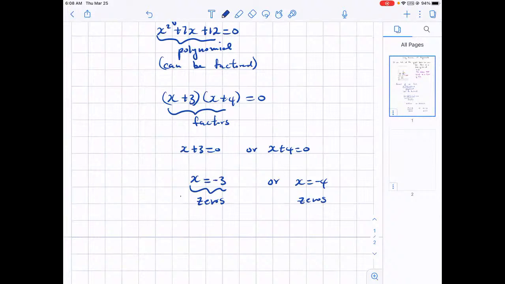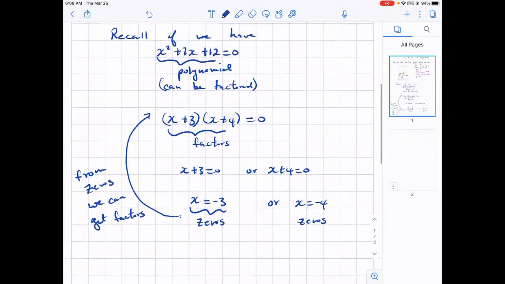So from the zeros, you can get factors. And from factors, we can get the polynomial.